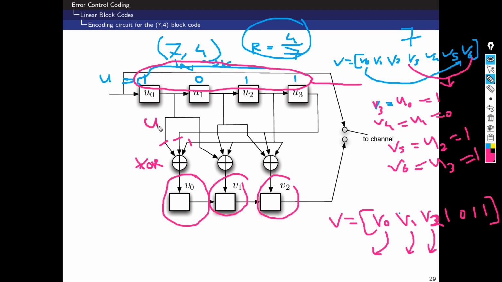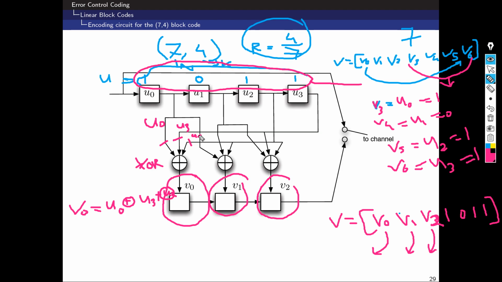This line is U0, this line is coming from U3, and this line is coming from U2. So V0 is equal to U0 XOR U3 XOR U2.